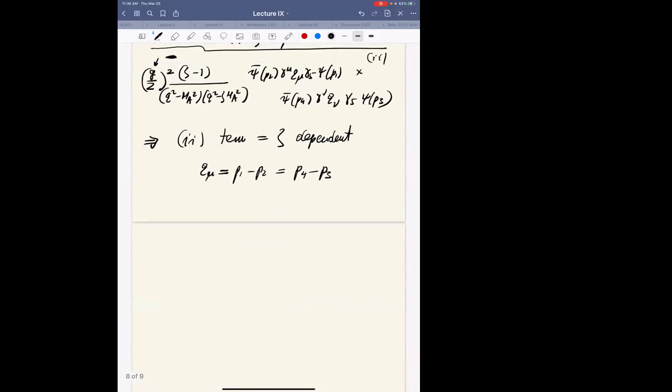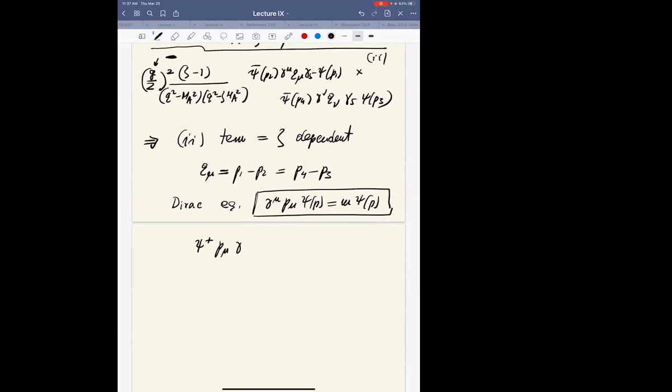Now remember that, okay, I want to be really pedagogical, maybe more than I should. The Dirac equation, we are on shell, is gamma mu p mu psi of p equals m psi of p. I can take the Hermitian conjugate. I'm pretty sure you know, but imagine that I take a Hermitian conjugate of this equation.